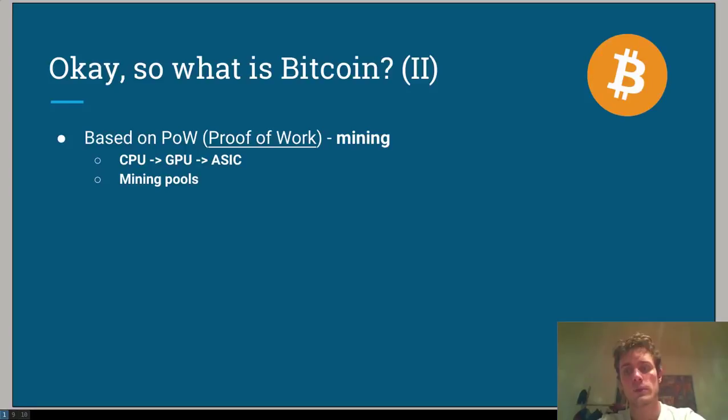Proof of work is based on the idea that it's very difficult to forge a block, basically. And the more people are mining blocks, or basically creating a consensus over a given blockchain, or chain of blocks, the more difficult it is for an attacker to revert it and falsify it.